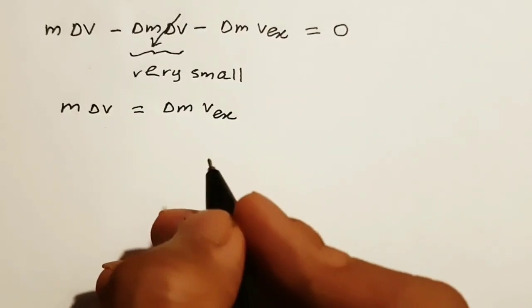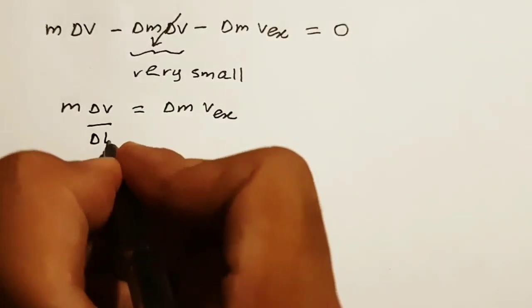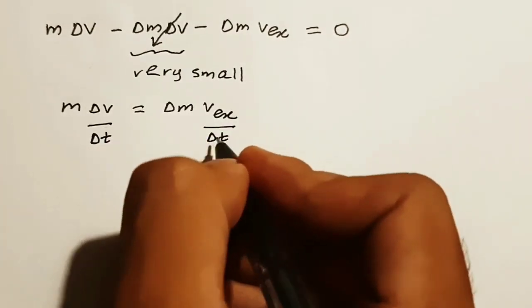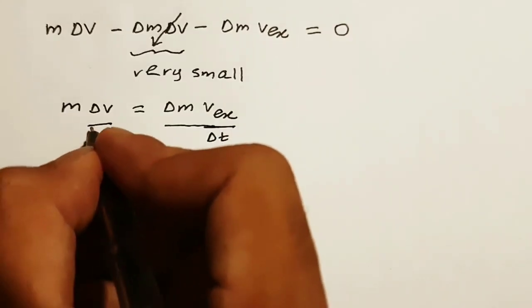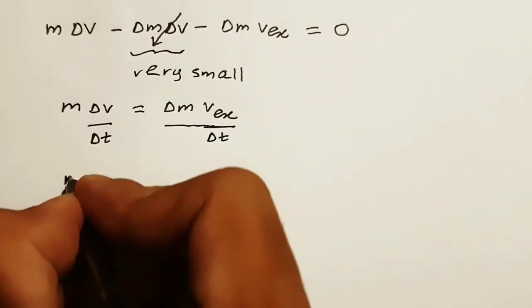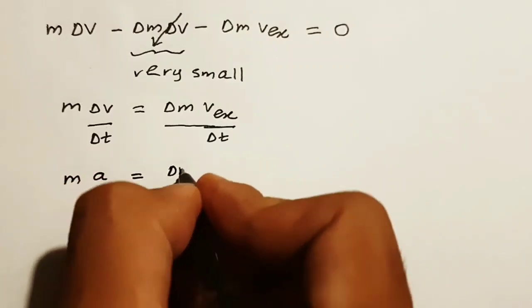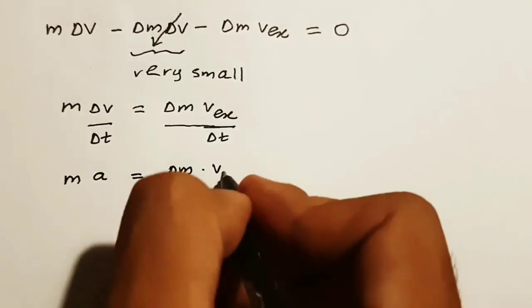As we can see, we can divide both sides by delta t, and we obtain the acceleration. So m times a is equal to delta m over delta t times v exhaust.